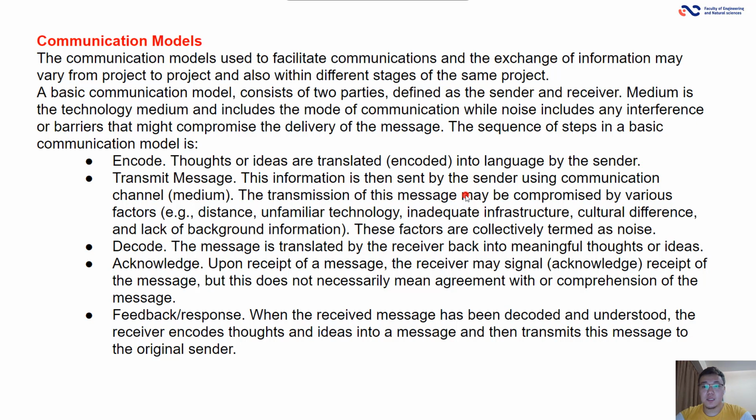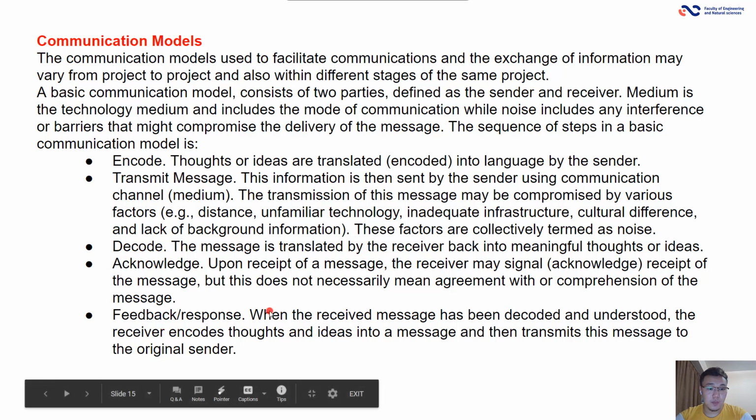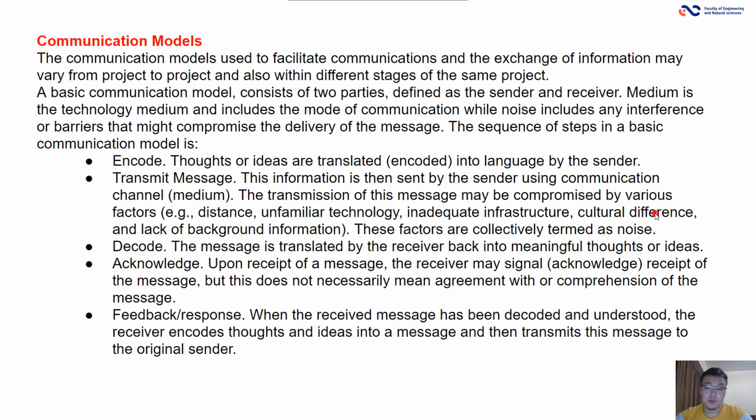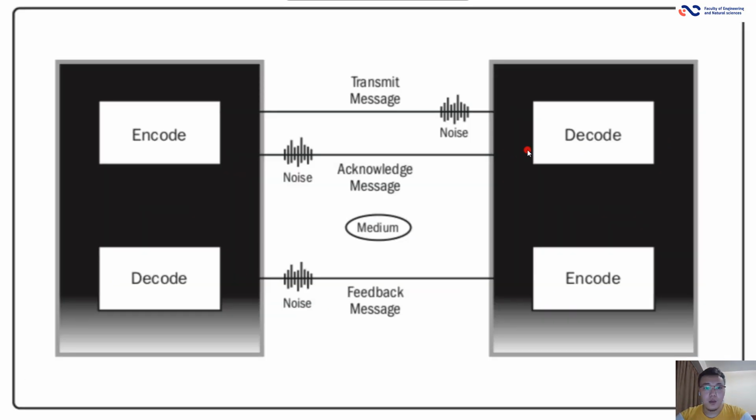The sequence of steps in a basic communication model is encode, transmit message, decode, acknowledge, feedback, or response. Here is encode and going through to decode, and decode going with a feedback message back to encode.